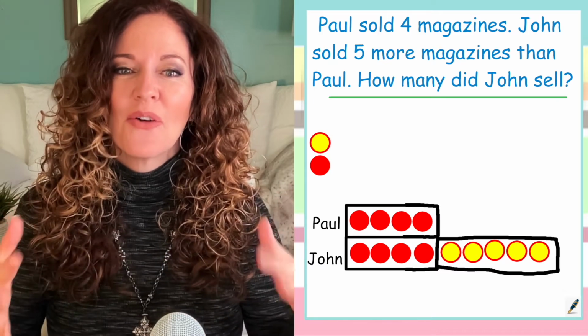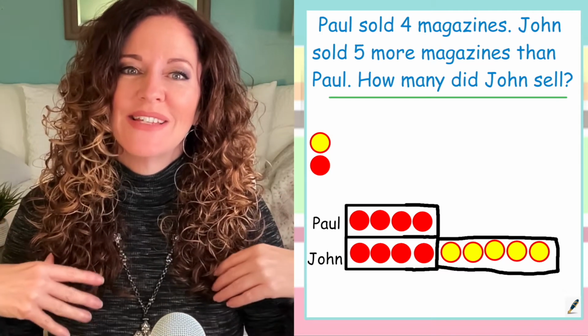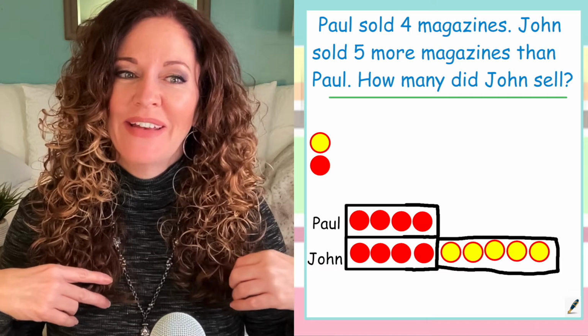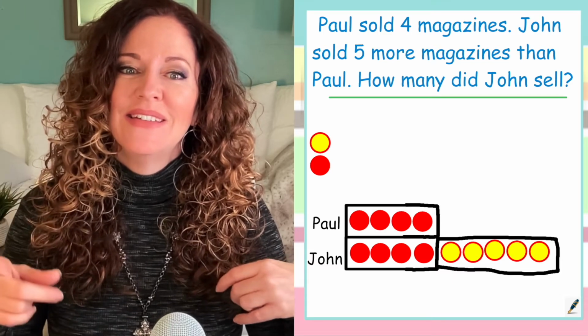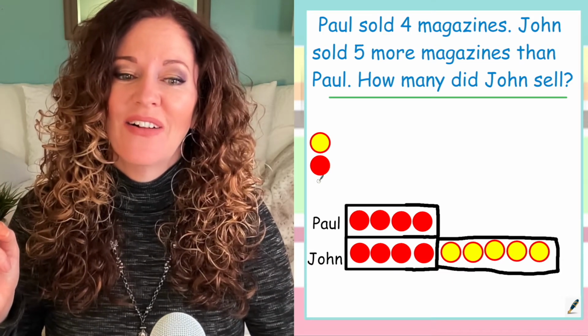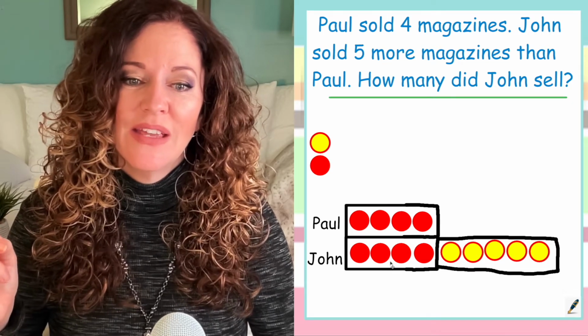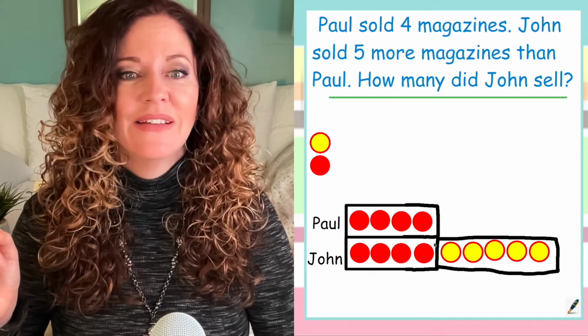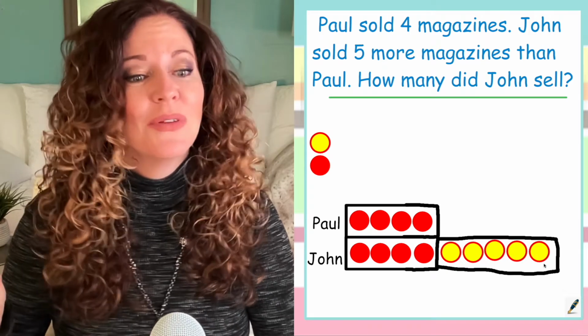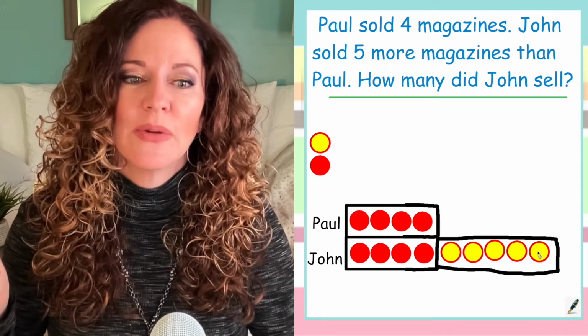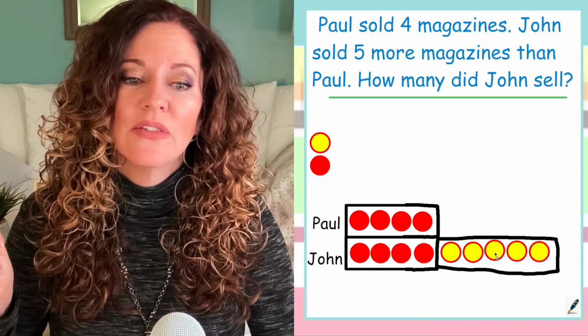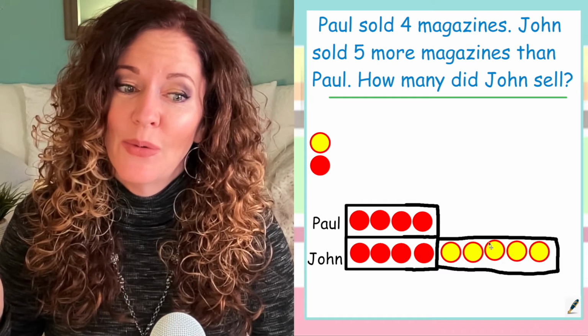So take a look. What is our big question that we're trying to answer? We're trying to find out how many did John sell. So to find out how many John sold, we just have to see how many he had sold that was similar to Paul plus all of those extra ones, or how many more. So he sold 9 in total.